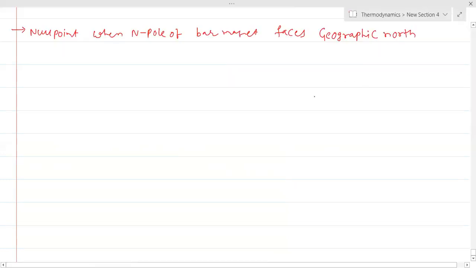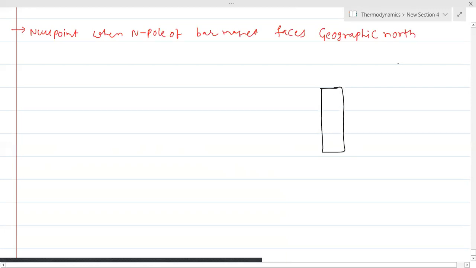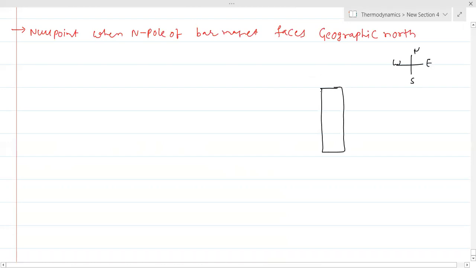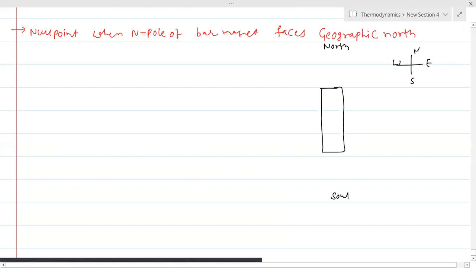So that means you are taking a bar magnet, it faces geographic north. This is the north, south, east, west. All these directions are called geographic. So here also we are writing this is the north, this is the south, this is east, and this is west.